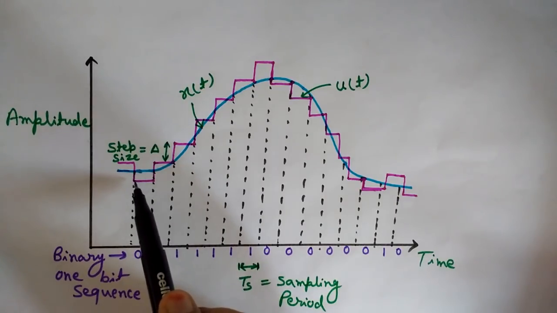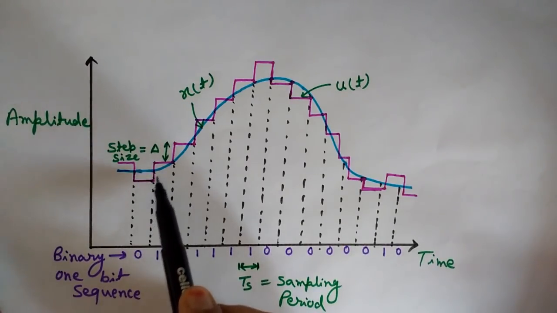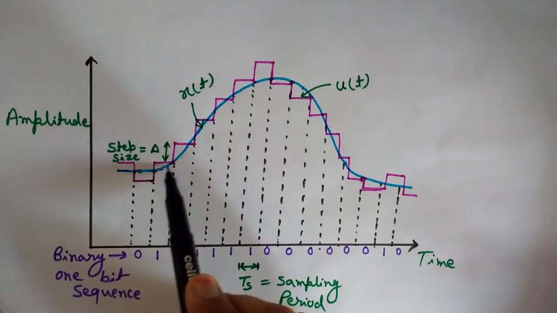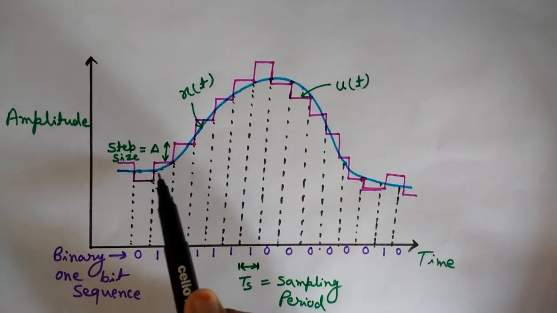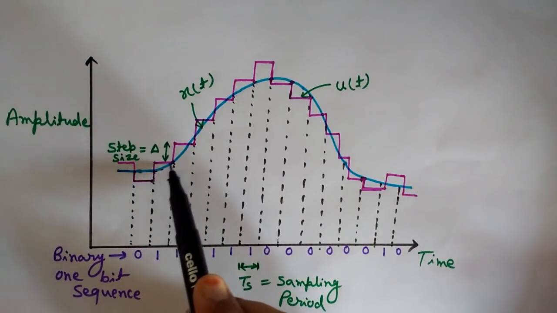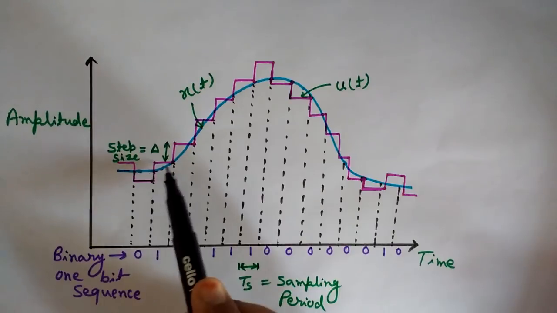So we compare to find the error at the present sample. We compare this part and this blue part. If the difference is positive, that is, we subtract this from this blue sampled signal.